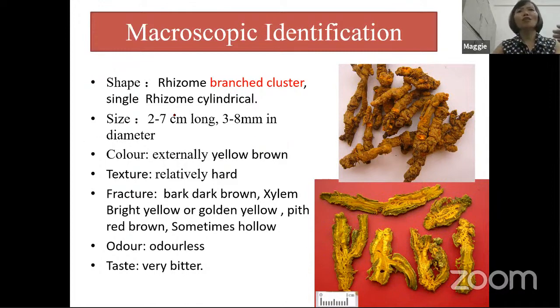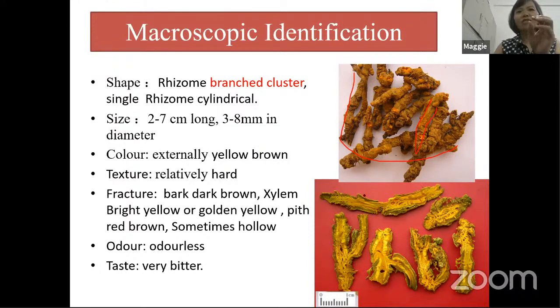So the first shape, what shape do you think? Rhizome branch, the cluster, single rhizome cylindrical. Size 2 to 7 centimeter long and 3 to 8 millimeter in diameter. Color, externally yellow-brown.